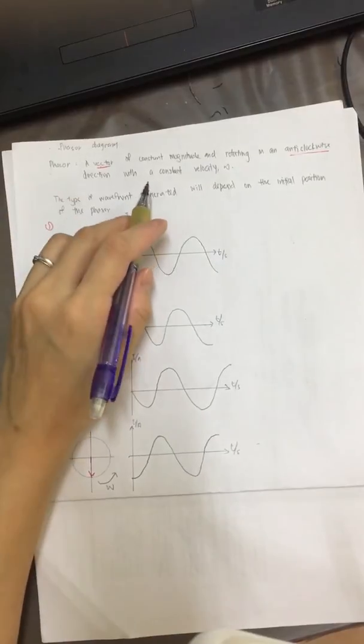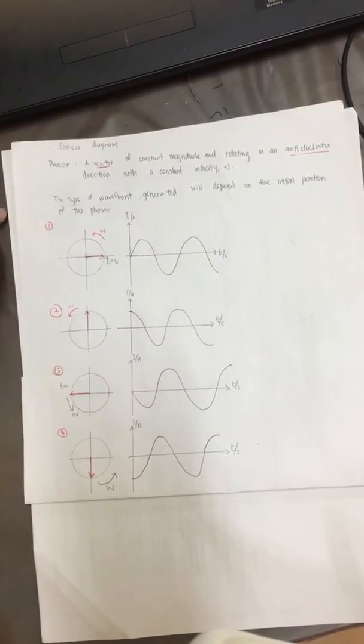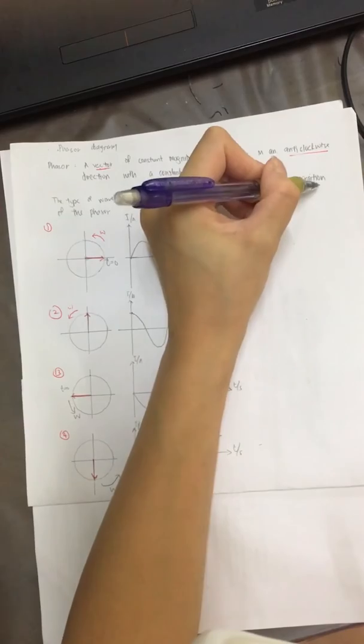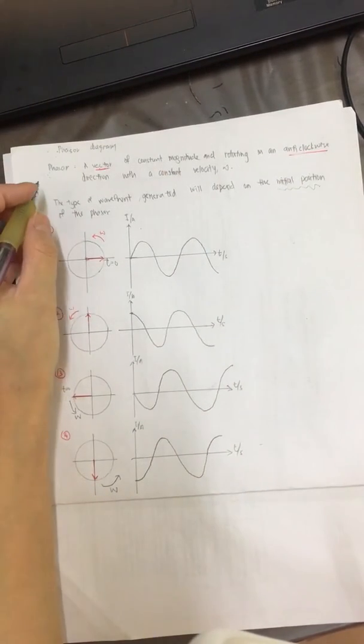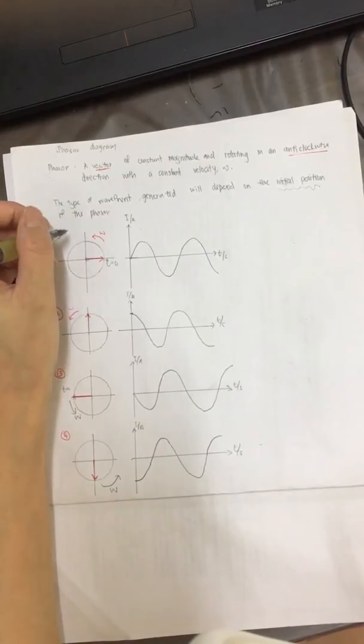So how can you generate a wavefront diagram based on the phasor diagram? The first thing you need to do is know the initial positions of your phasor. Whenever you want to analyze the phasor diagram, please refer to the initial positions. That means when t equals 0, where is the position of your phasor?